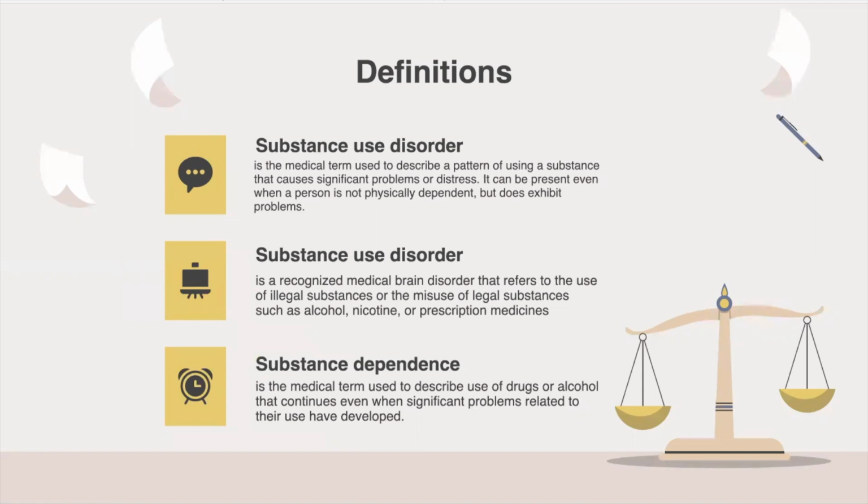And secondly, substance use disorder is a recognized medical brain disorder that refers to the use of illegal substances or the misuse of legal substances such as alcohol, nicotine, or prescription medicines. Substance dependence is the medical term used to describe the use of drugs or alcohol that continues even when significant problems related to their use have developed.